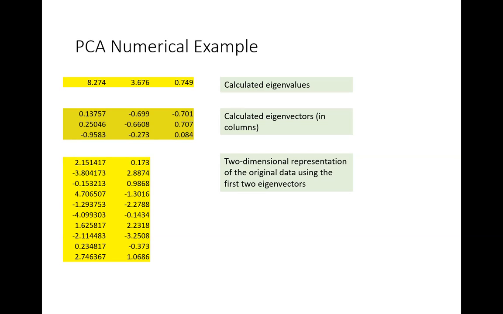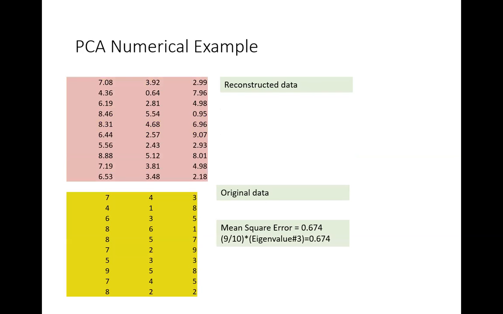Since we discarded the smallest eigenvalue and corresponding eigenvector, when we go back from 2 dimensions to 3 dimensions, the data we reconstruct is not going to be identical to the original data. It is going to be a little different. That difference is what we call the approximation error, or the mean square error between the original data and the reconstructed data. All right, let's look at the next slide.